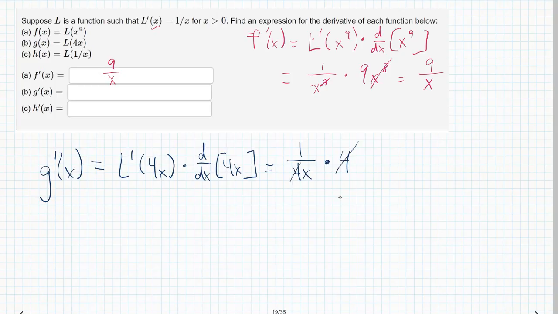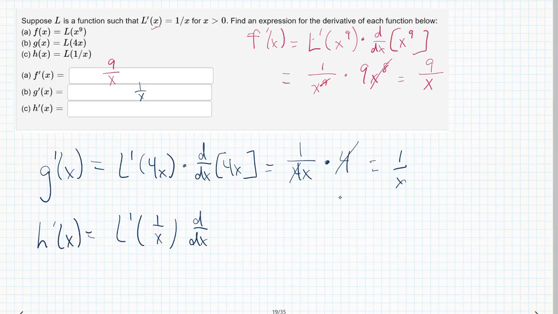So your 4's will cancel, and you're left with just 1 over x. H prime of x. Now, last but certainly not least, that's going to be L prime of 1 over x times the derivative of 1 over x, which is the same thing as x to the negative 1. So now you get 1 over x times the derivative of x to the negative 1, which is negative 1 times x to the negative 2, or negative 1 over x squared.